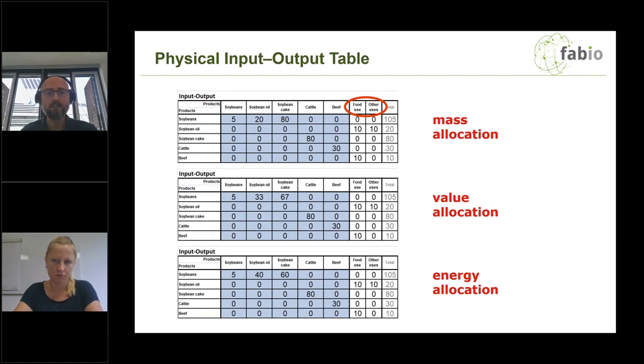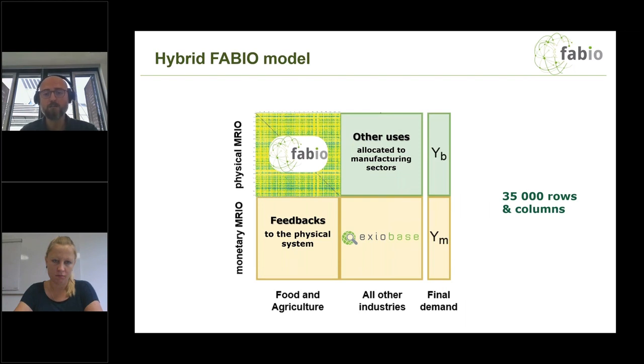And that's why we link FABIO with the monetary MRIO database, EXIOBASE. So this gives a hybrid multi-regional input-output table with FABIO in the upper left quadrant, EXIOBASE in the lower right quadrant, and in the upper right quadrant we have the inputs of agricultural commodities into non-food industries of EXIOBASE.